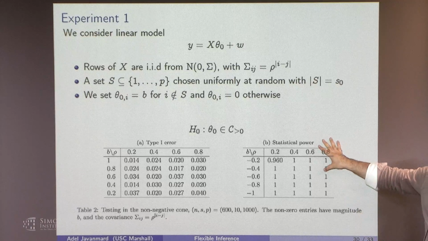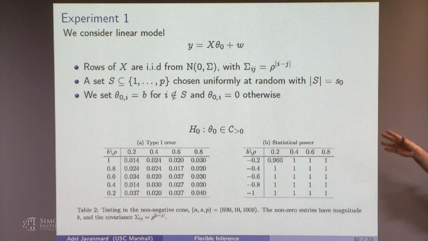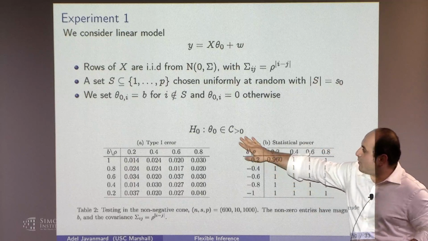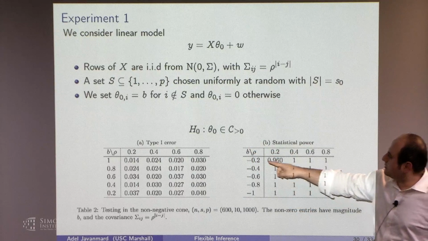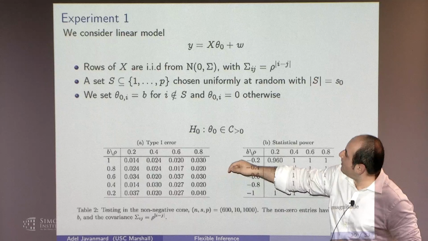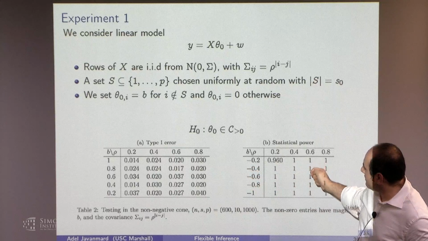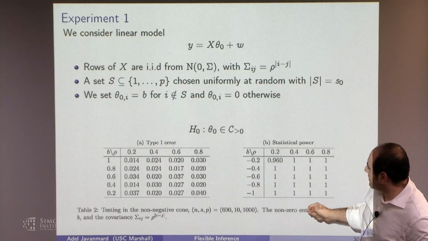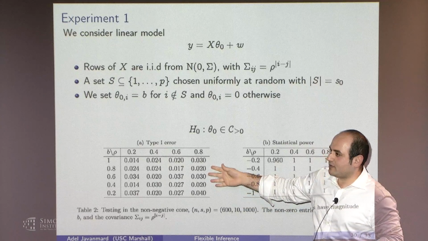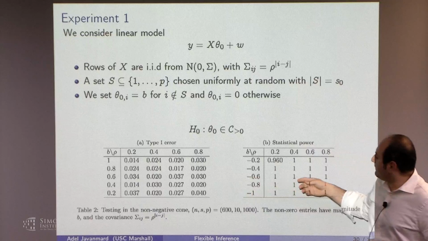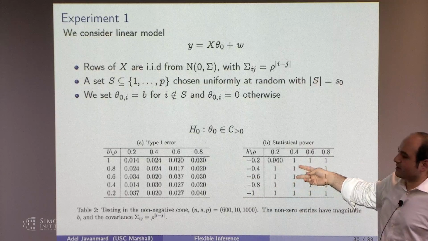Now this one is when you use this framework to do hypothesis testing on the non-negative cone. If I take B to be positive, then this becomes the type 1 error. And if I take B to be negative, then this becomes the power.